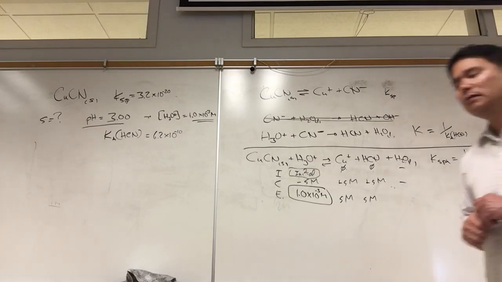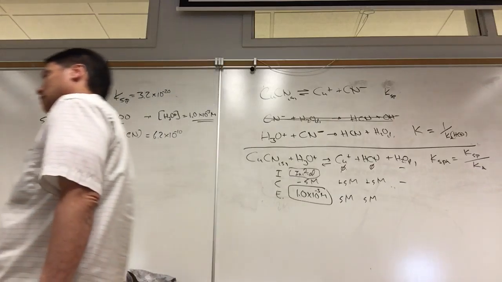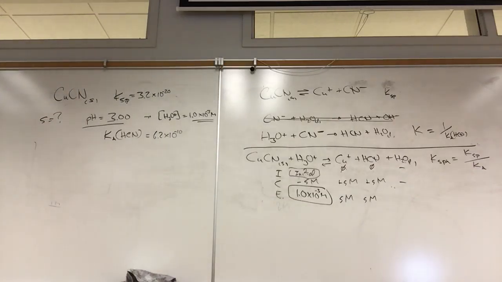Kelly, in what way would you word the question if you want the initial pH? I would say something like, what is the solubility at pH 3 means that it's got to be pH 3 at equilibrium.